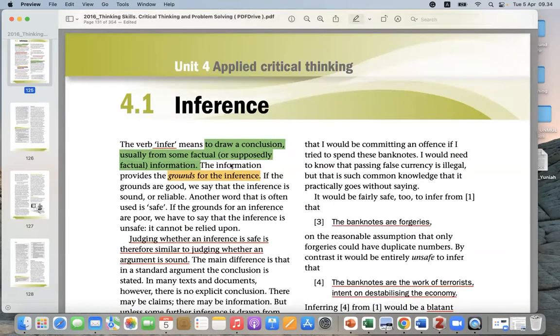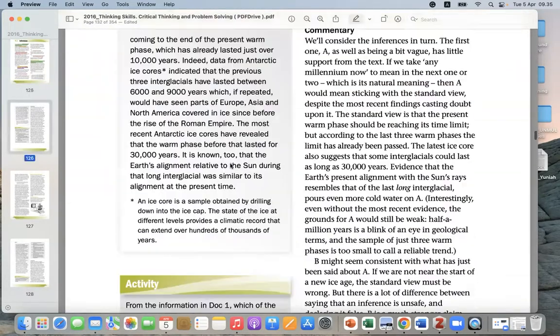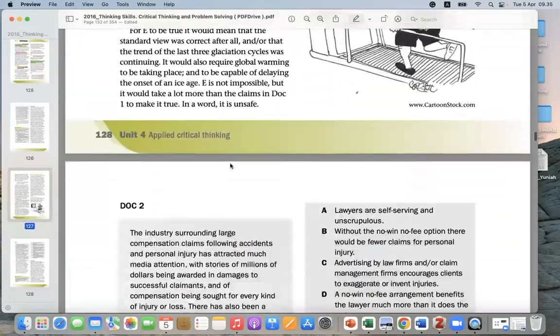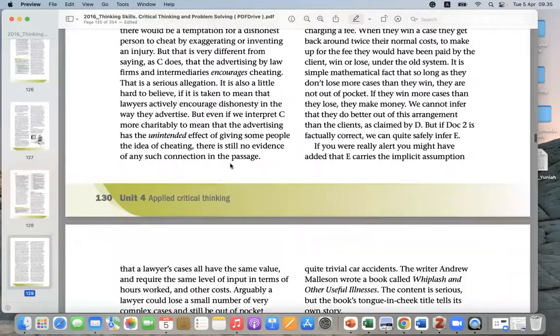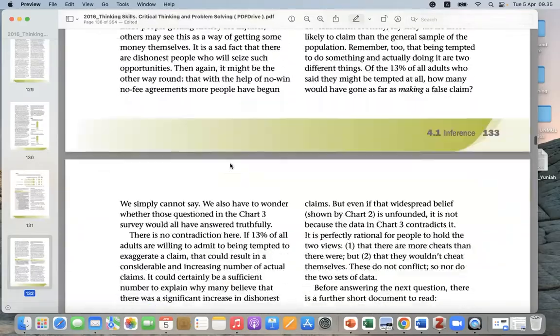So inference, and then explanations, evidence, credibility. This is theoretical information, right? You may not be able to understand or digest these kinds of things before you go to practical issues or practical examples. By having practical examples, I think you will be able to digest these things. This is talking about scientific procedures, I think.